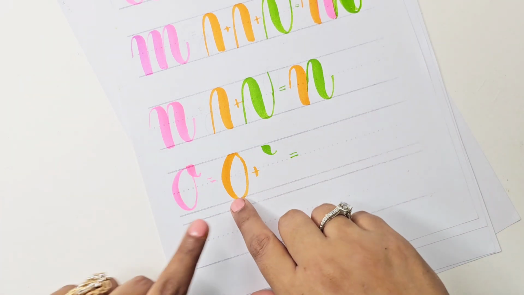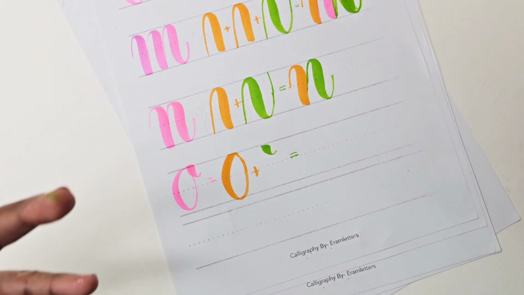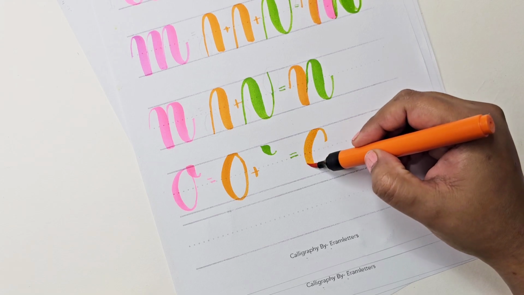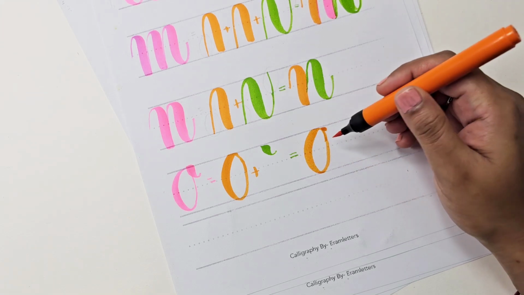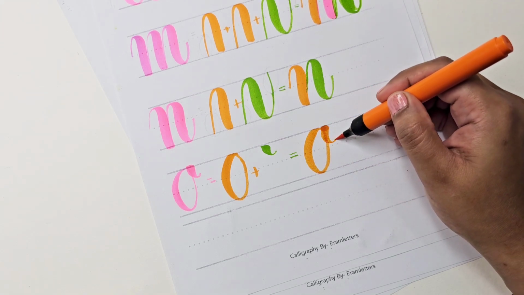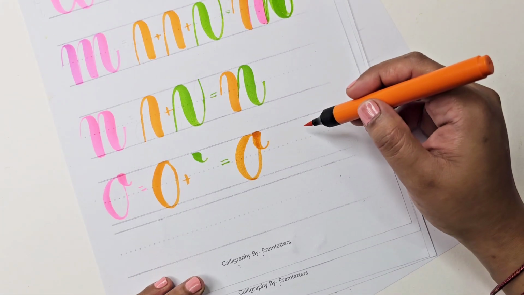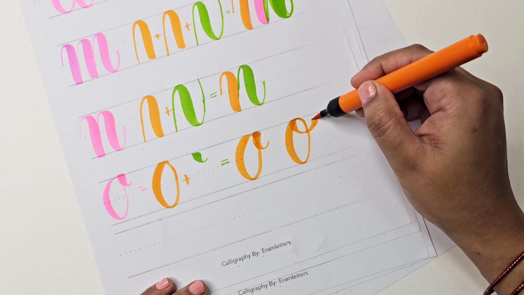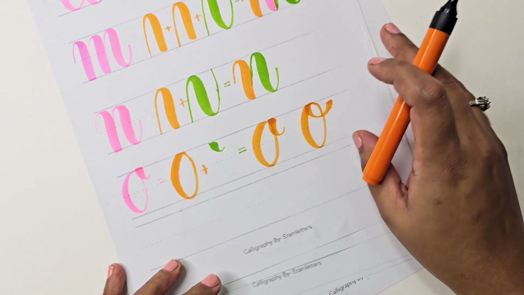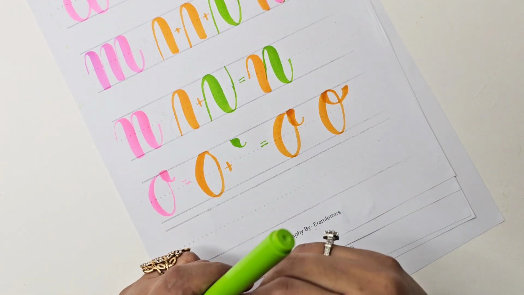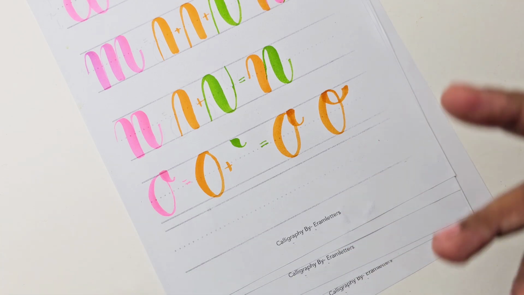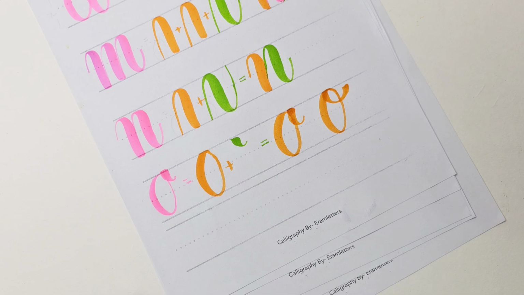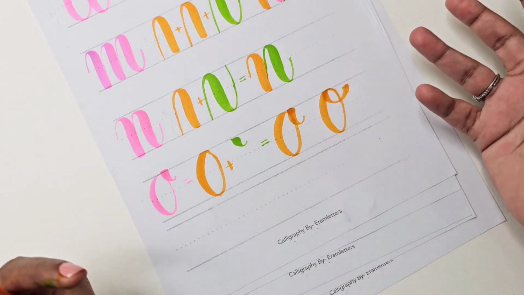Now we are going to see how we have to make O. You make an oval, and from here you move it like this. Sometimes you make an oval and make it like this. It totally depends on how you want to customize it and personalize it according to yourself.